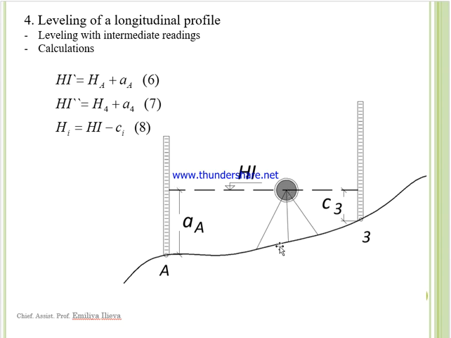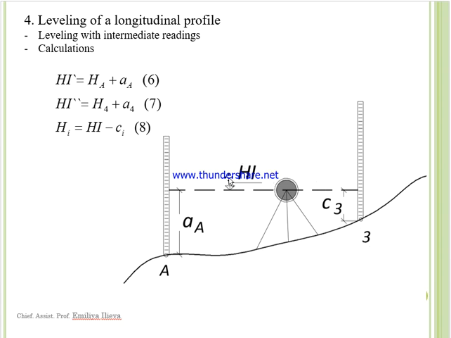We have the instrument here, and we have from our example point A. We have measured the backside reading to point A, and after that we have measured the intermediate reading to detailed point 3.